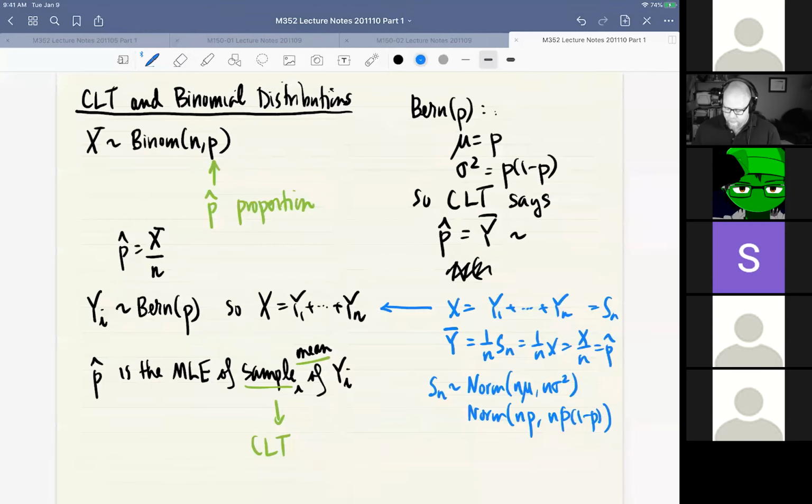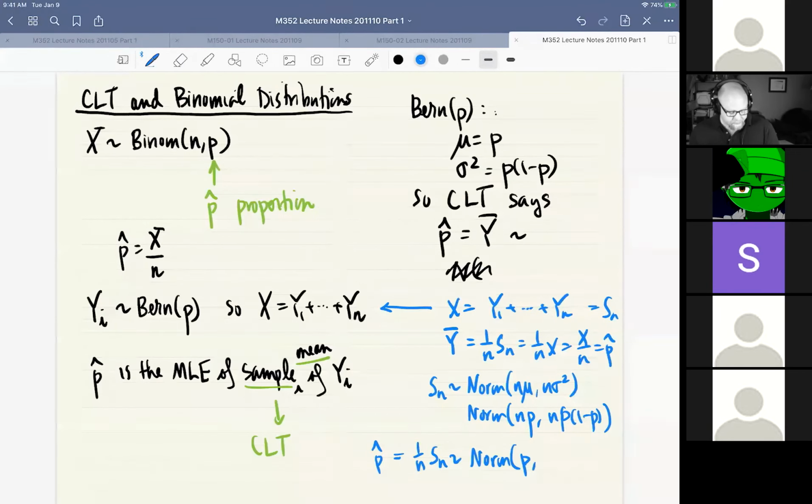All right. And so p hat is 1 over n times S n. Using what we know about linear combinations of random variables, if you divide a random variable by a constant, that divides the mean by that constant.